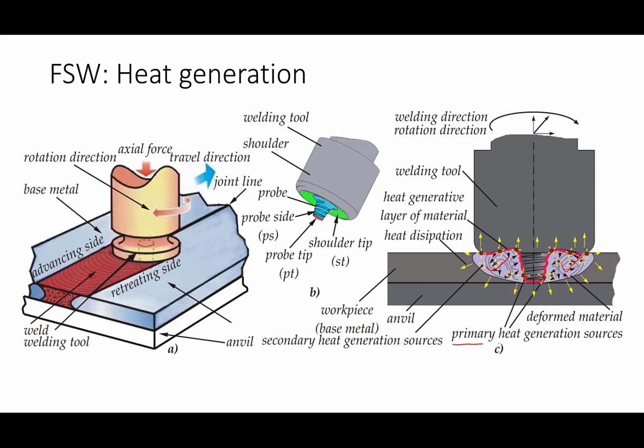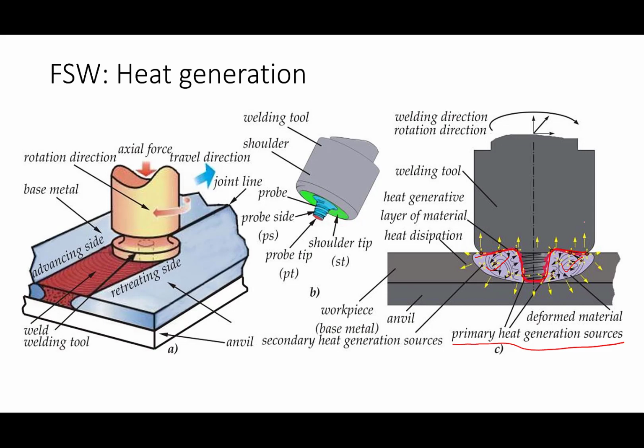The primary heat generation source is friction only, and the deformation is basically the secondary heat generation source. You know that if you just keep on bending a particular sheet or wire, it becomes hot just like that. So here also, the heat is being generated due to the constant rubbing of the tool pin and shoulder with the workpiece of the components to be joined, generating the frictional heat.